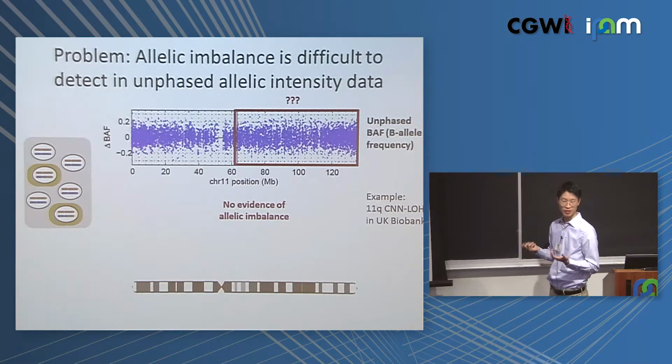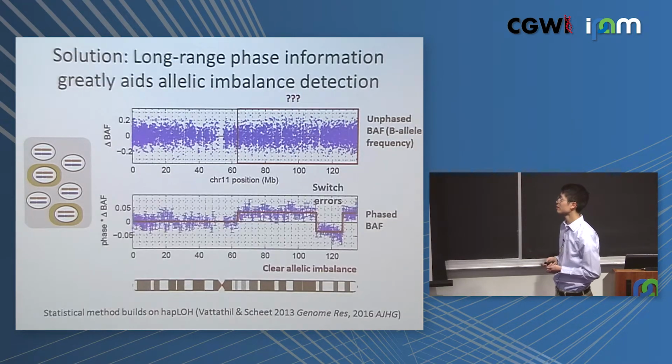What does B allele mean? Well, it just means whatever Illumina decided was the B allele. There's an A allele and a B allele, and you can get the B allele frequency. Unfortunately, when you plot it, it doesn't really show you much. However, if you introduce phase information, then oftentimes you wind up with a much clearer signal.